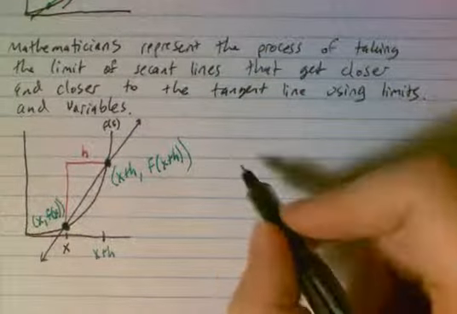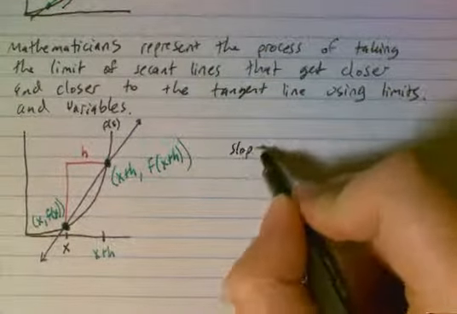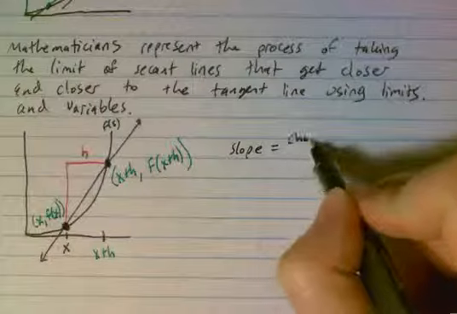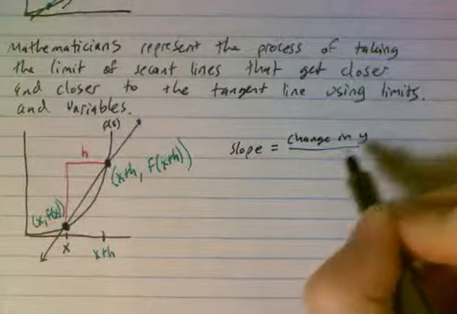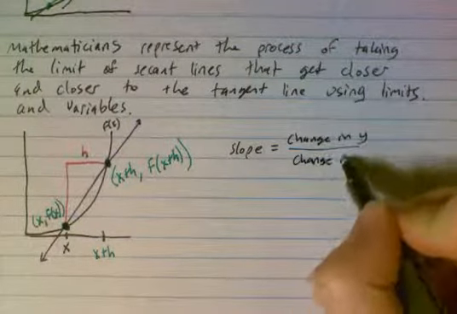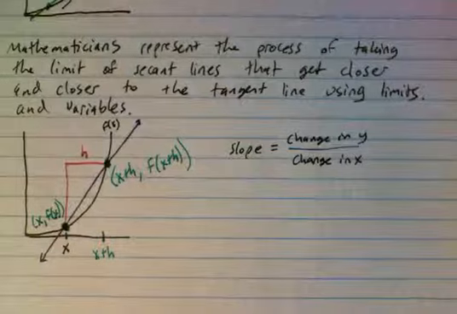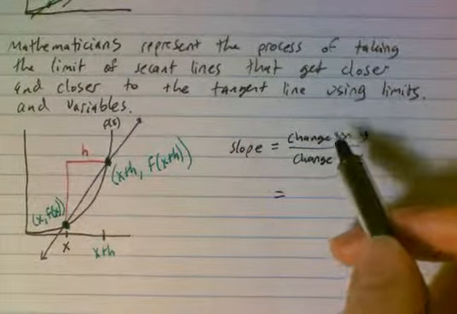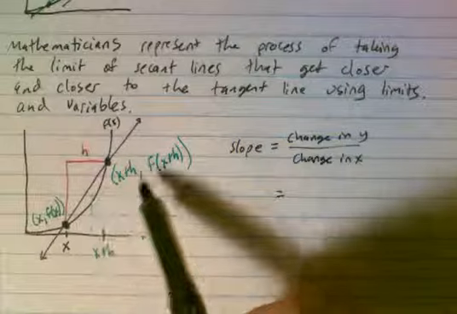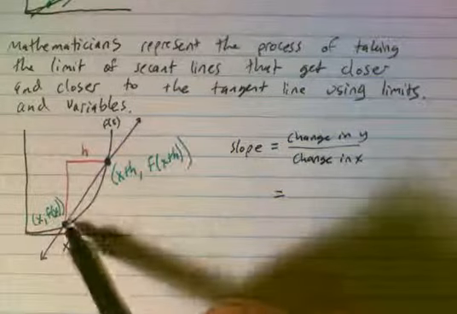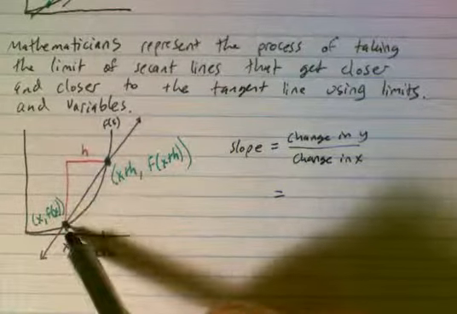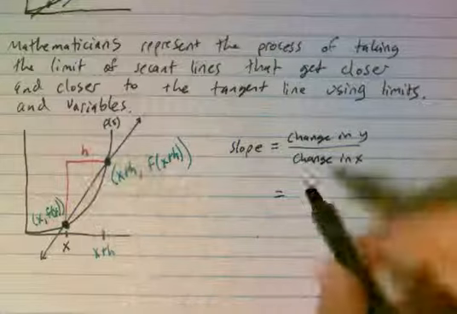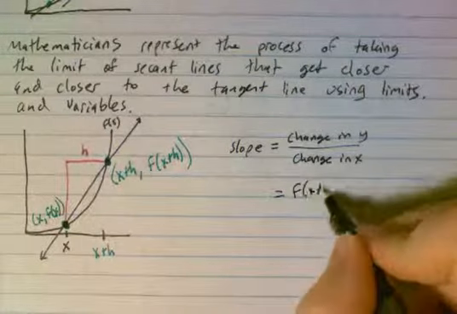They could say, okay, slope is change in y over change in x. And the way that we find that is by subtracting. So whatever this is, this change in y, to get from here to here, we just start with a higher number that we have, f of x plus h.